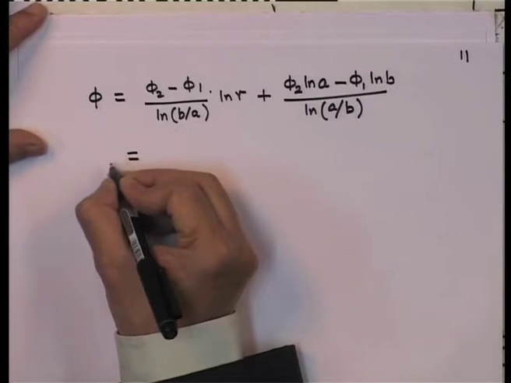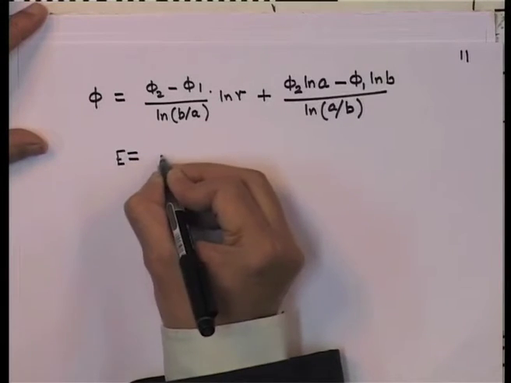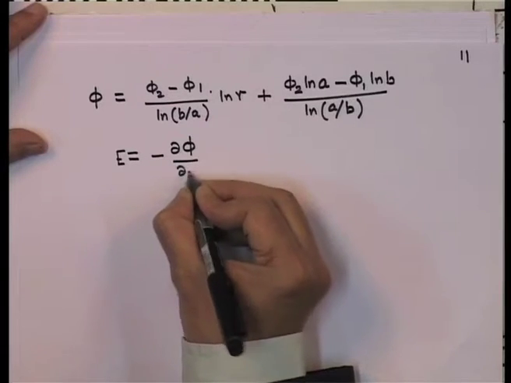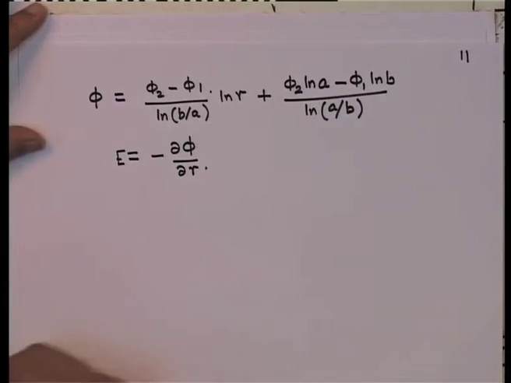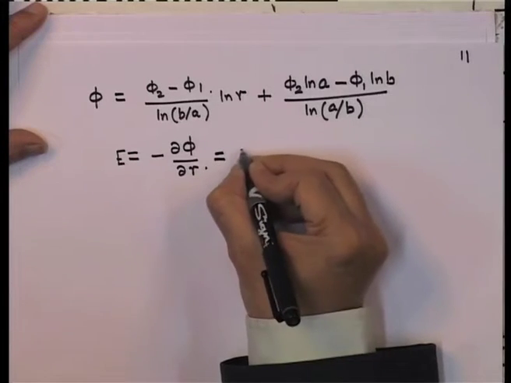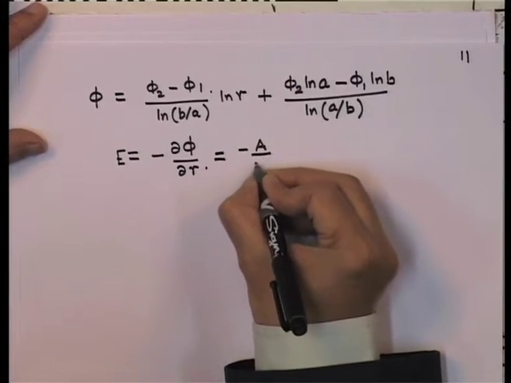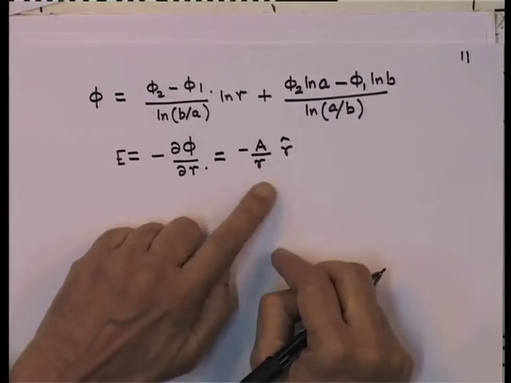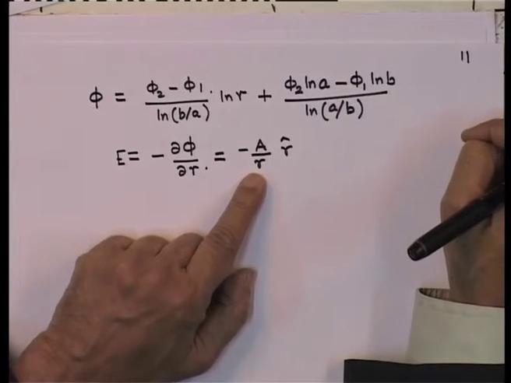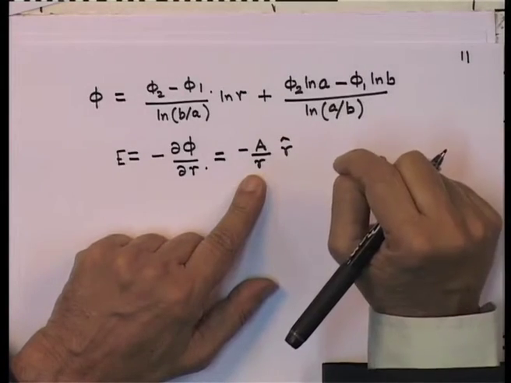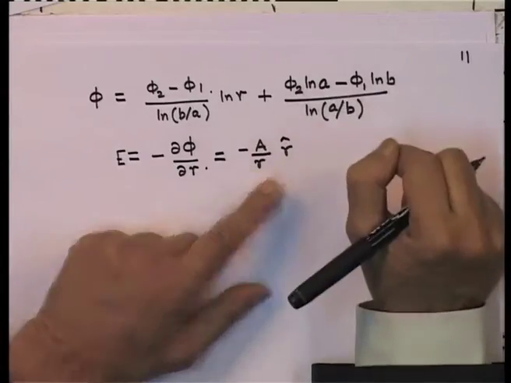Now, let us look at the electric field, which is minus d phi by dr, which is minus a by r times the unit vector r. Well, actually, this was known to us from Gauss's law, and we concluded on the potential from there.